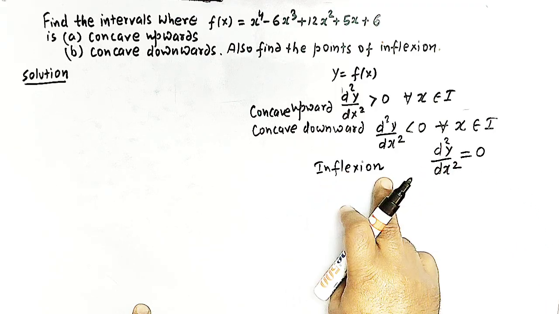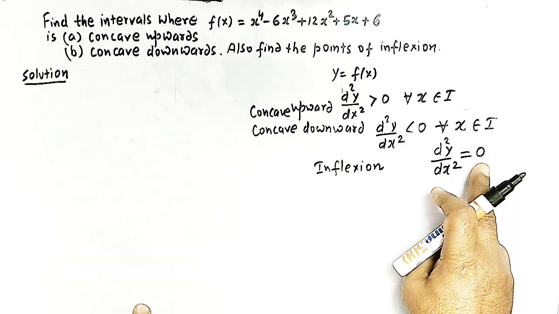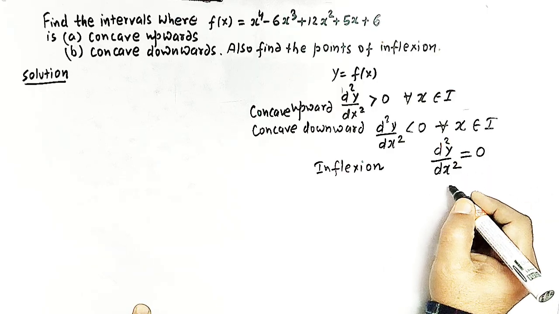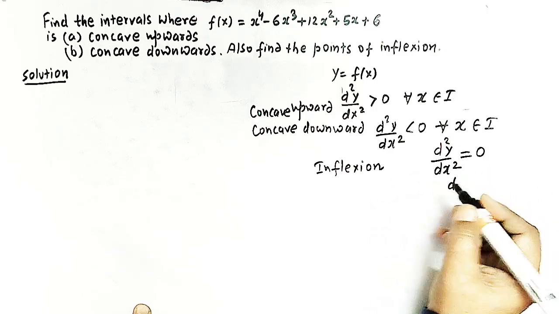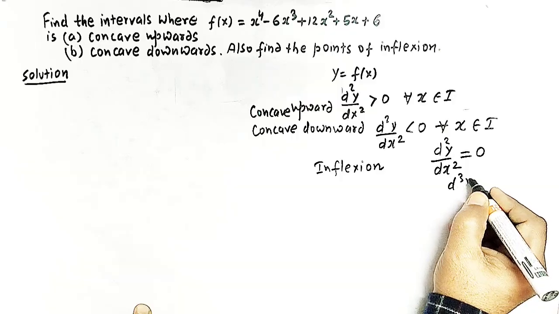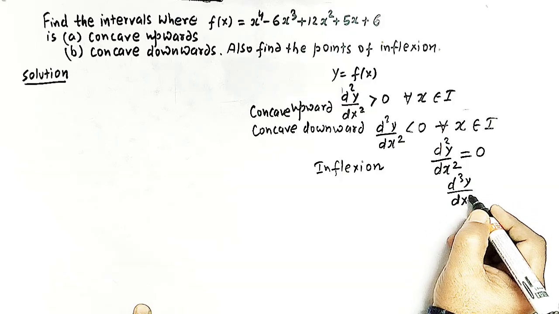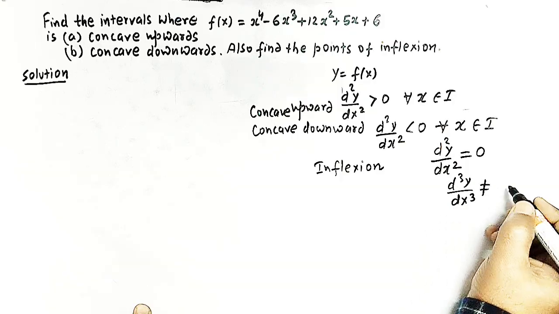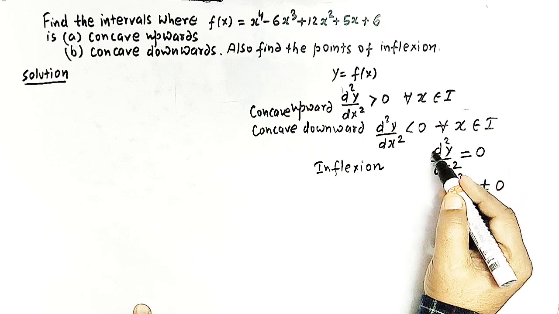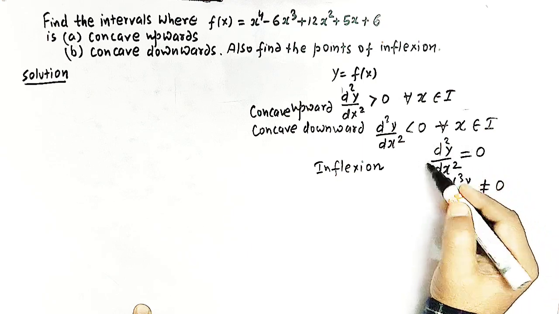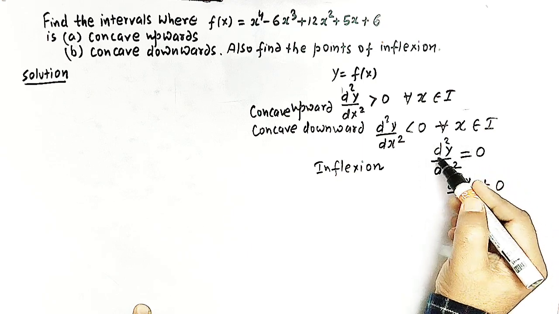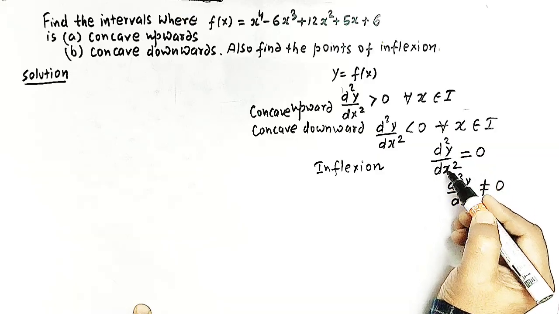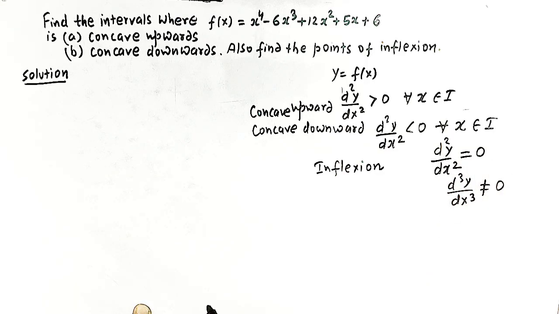So for points of inflection, the second derivative should be equal to 0, and here we have one more condition: the third derivative should not be equal to 0 for the values obtained by solving this equation, that is d2y over dx2 is equal to 0, right?